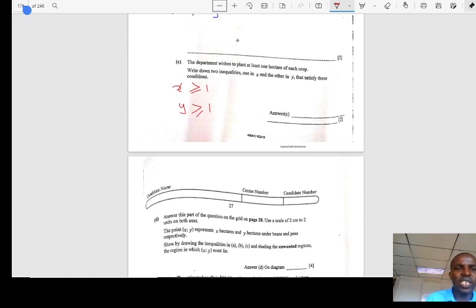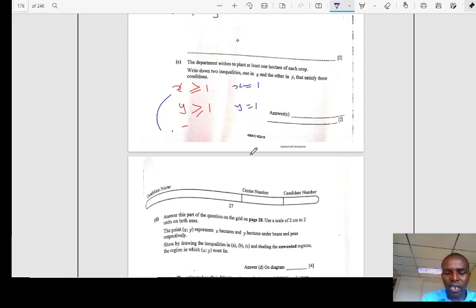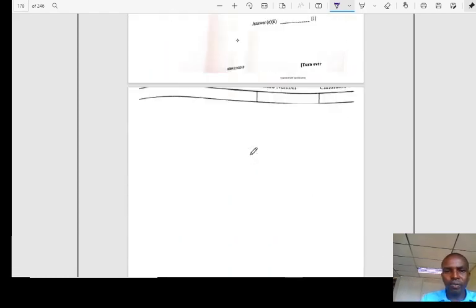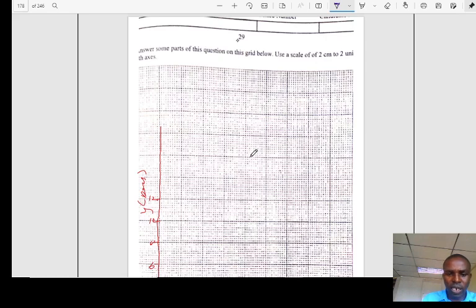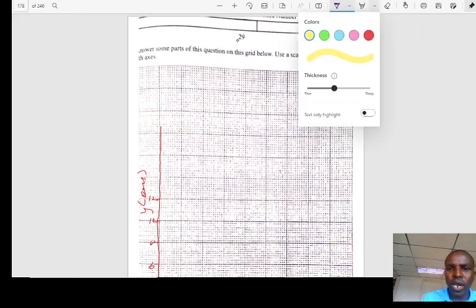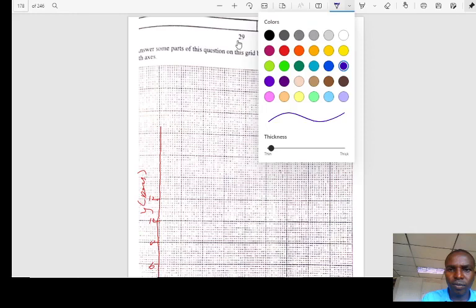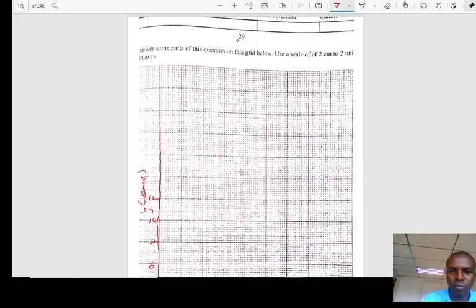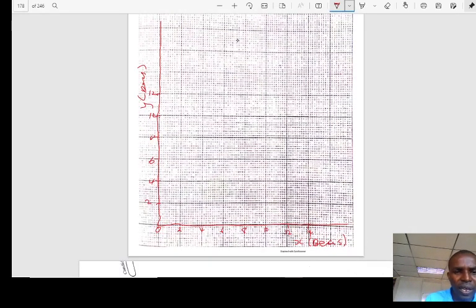So let me start with these ones. On this one you draw the line. Let me change my color here. On this one you draw the line x is equal to 1. Then on this one you draw the line y is equal to 1. So let me draw the line x equals 1 and y equals 1. X equals 1, there's x here.